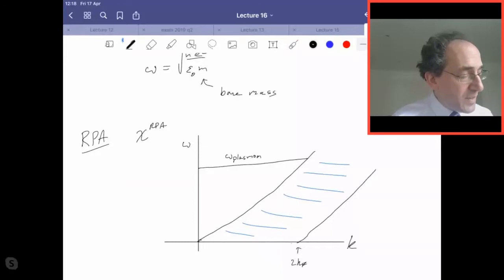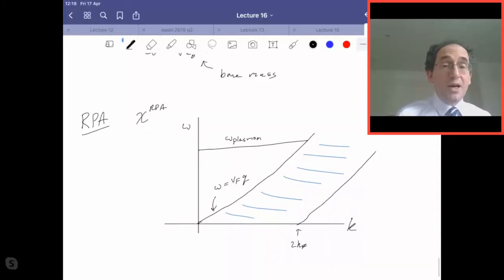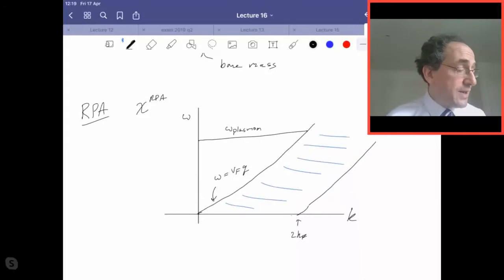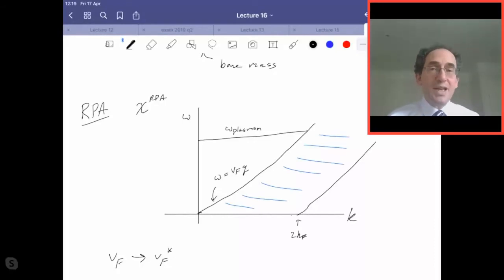Down here, again, we have frequency being vF times q, although maybe when we do a more detailed derivation of the response function, we'll discover that vF should go to some vF star associated with a mass renormalization, which we'll get to in the next lecture.